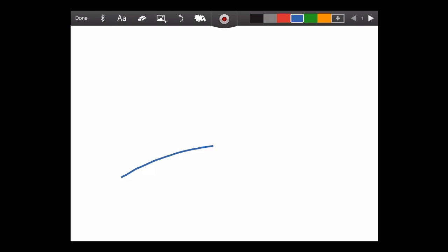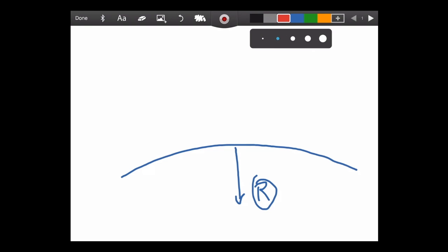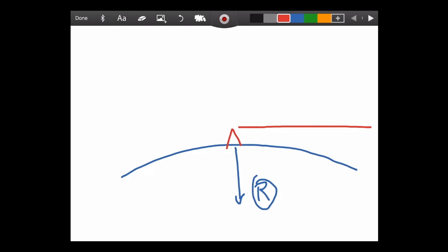If there is a curve, that curve will have a radius. Now, if the surface of the Earth is curved, and we are on a mountain, and we look straight out in both ways, this red line will be level.